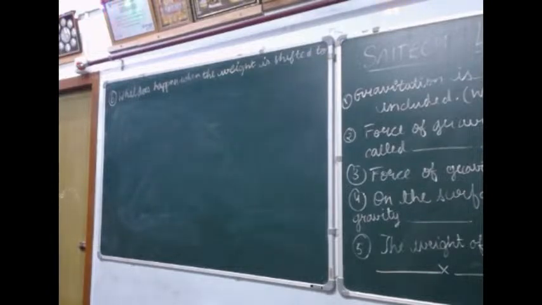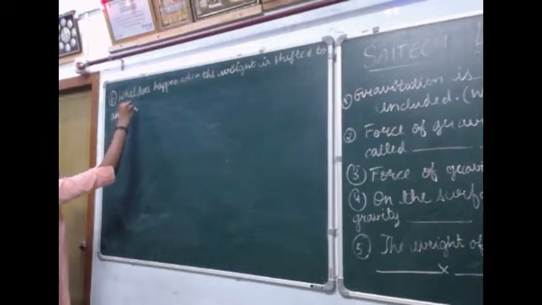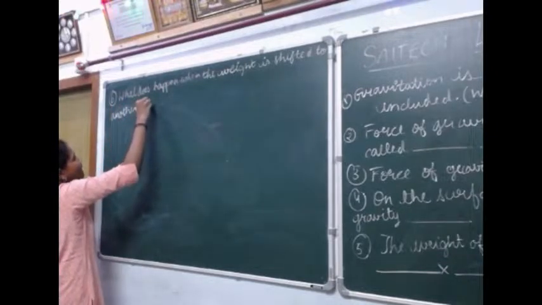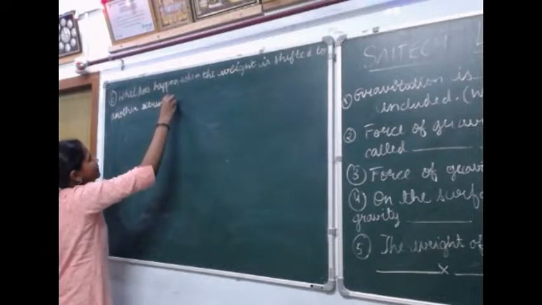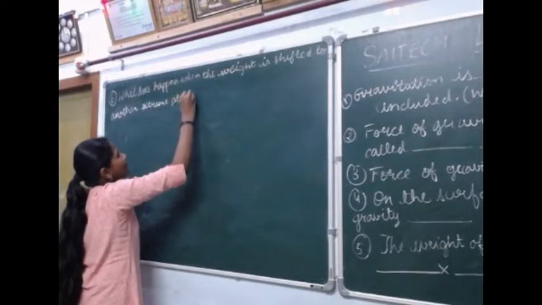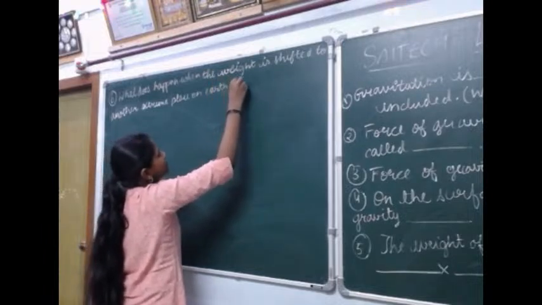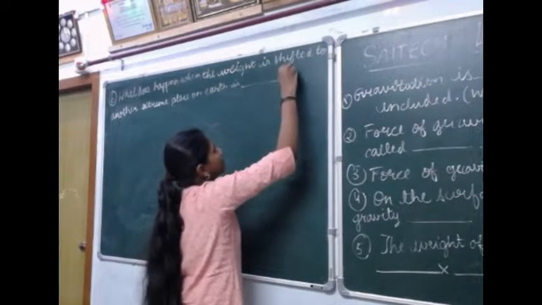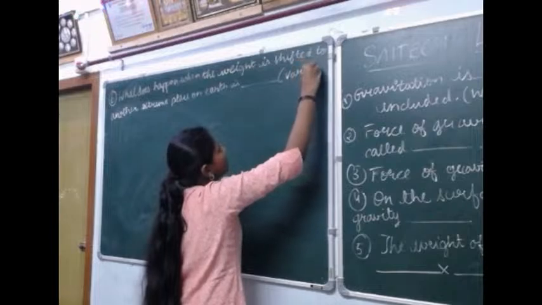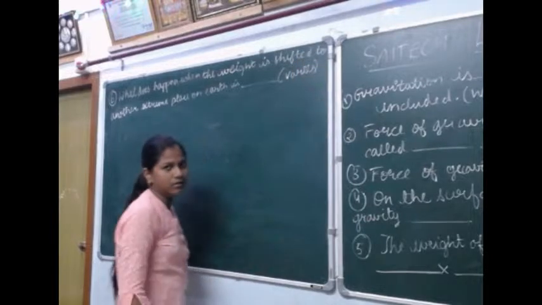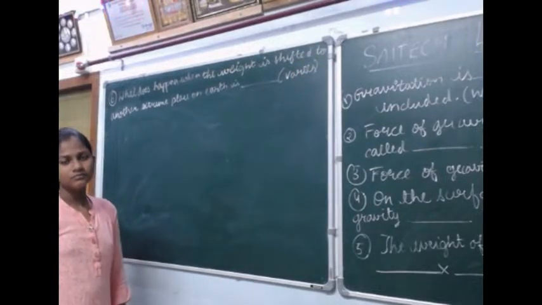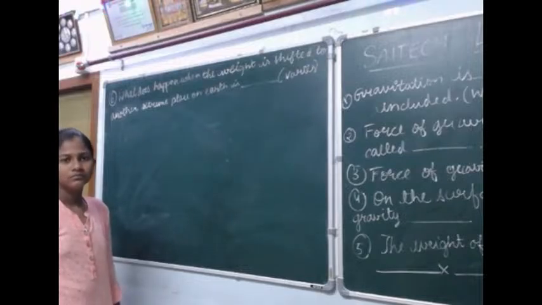Shifted to another extreme place on earth, latitude wise. This is called variation of g with latitude, and also we had discussed variation of g with altitude. This is latitude change. So it varies.